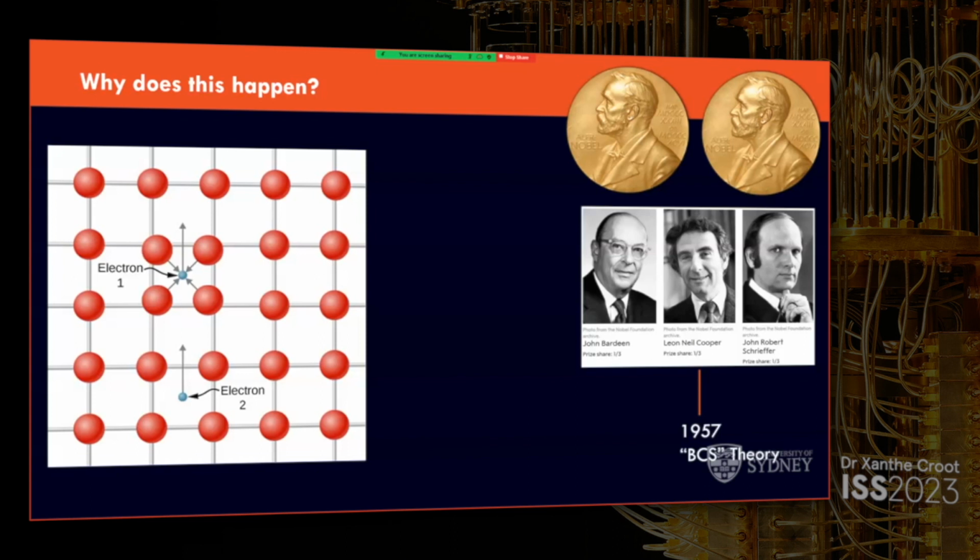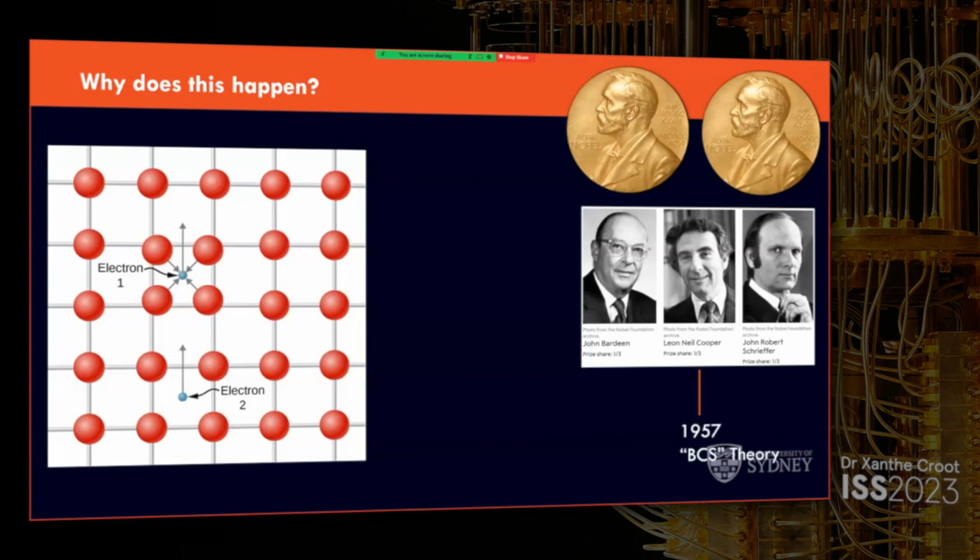So then we have electron 2 moving through the lattice, and what does electron 2 see? Electron 2 basically sees this region of higher positive charge and is attracted to that. And so essentially the lattice mediates this attractive interaction between electrons.